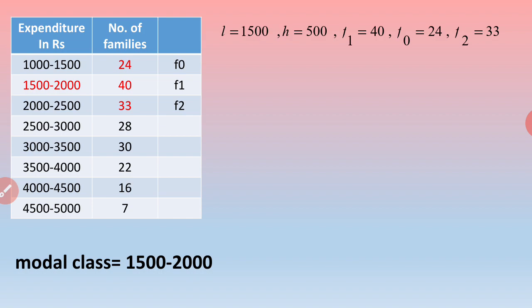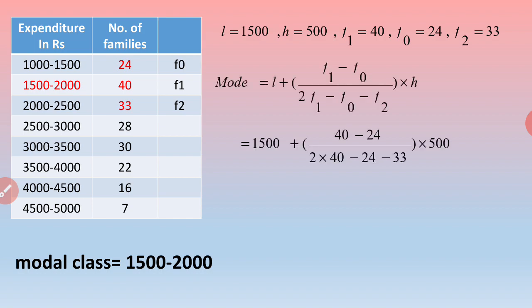With all the things jotted down, we'll note down the formula and then substitution is to be done. After substitution, it is the bracket part and the multiplication part to be solved initially. Then the final number is to be added to 1500. Here we get the modal part as 1847.83.